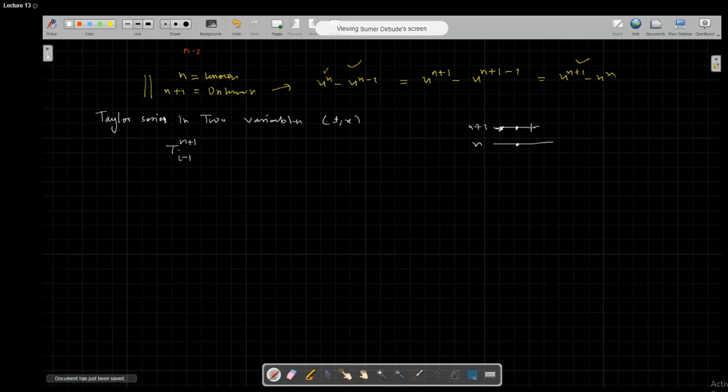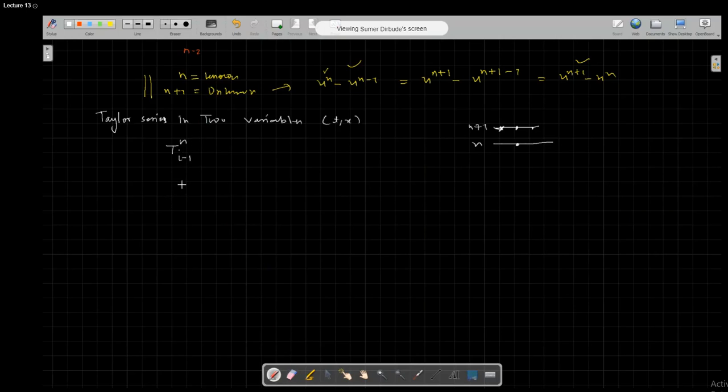I may be interested in T_i^{n+1}, like that, or only n, but i+1 and i-1. Such conditions are possible.